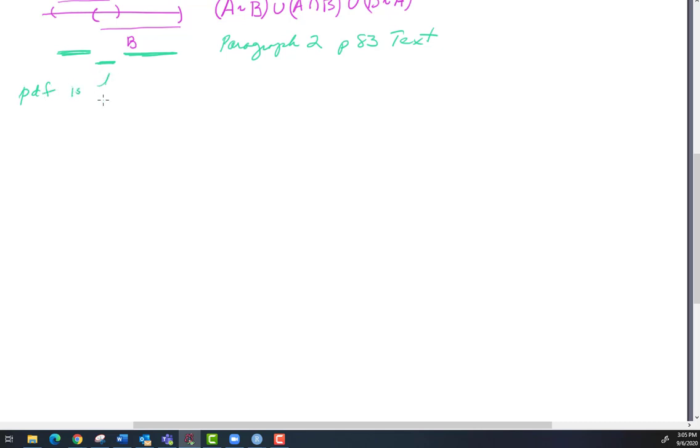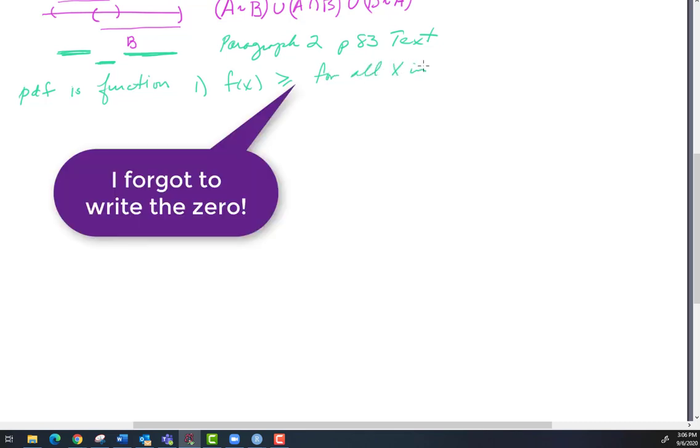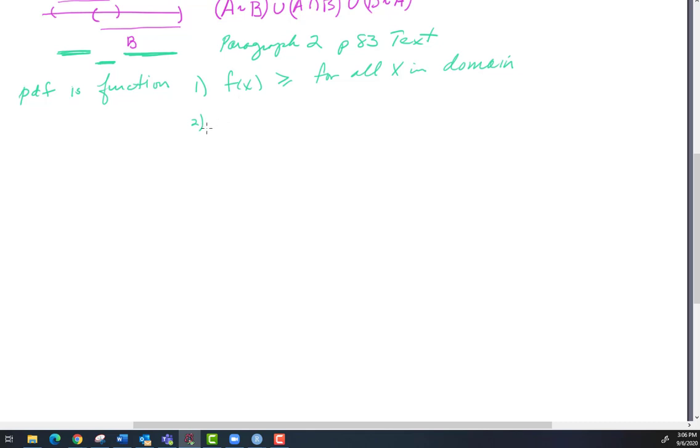And a PDF is a function that satisfies: 1, f of x is greater than or equal to 0 for all x in the domain, and 2, the integral over the domain x, f of x, is equal to 1, and 3, the probability that a is less than x is less than b is equal to the integral from a to b f of x dx.